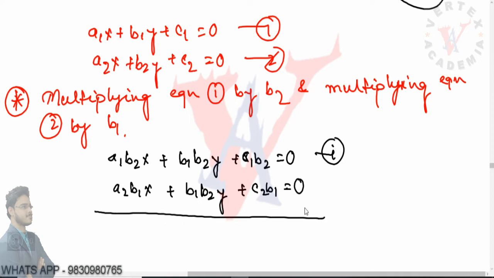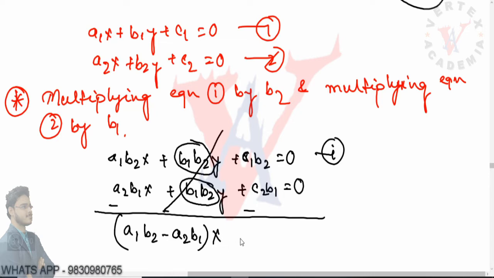Here you can see the coefficient of y becomes the same, and when we subtract, the y term cancels, and we get a1 b2 minus a2 b1 times x, plus c1 b2 minus c2 b1, equals 0.